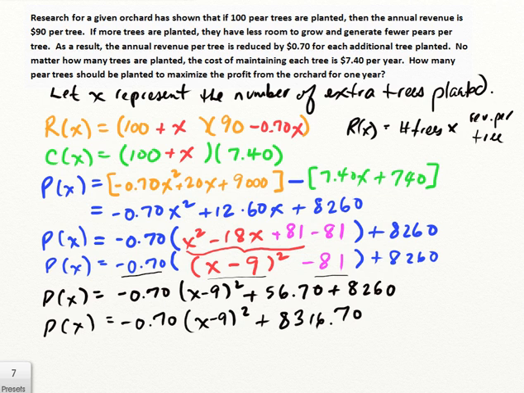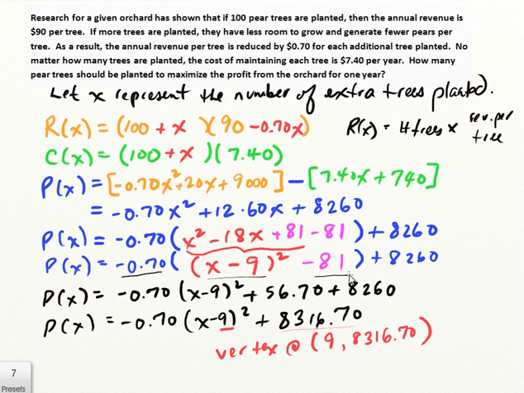Okay, so, how did that help us out? Where's the final answer? Well, the final answer is when we recognize where the vertex is. The vertex is at 9, and right there, 8,316.70.